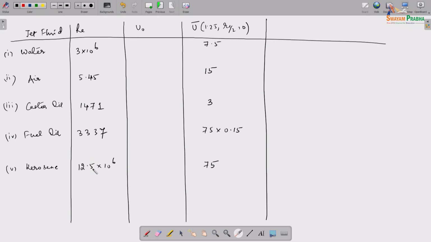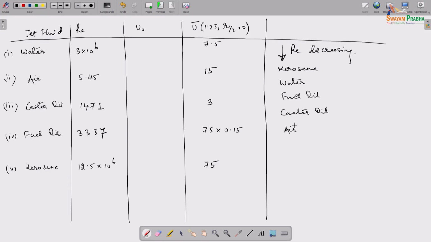The Reynolds number is decreasing as I go along. First we have kerosene, then water, then fuel oil, then castor oil, and finally air.